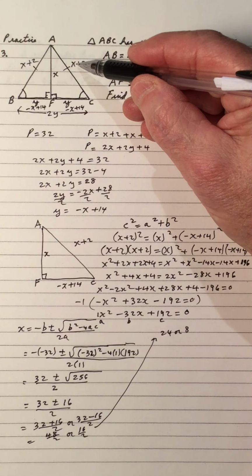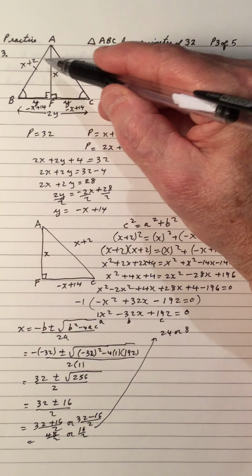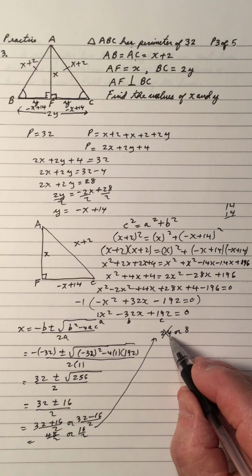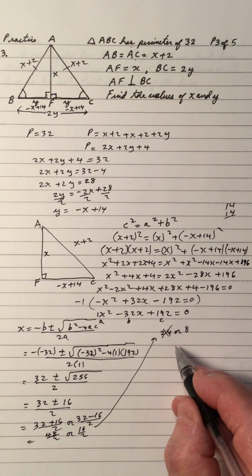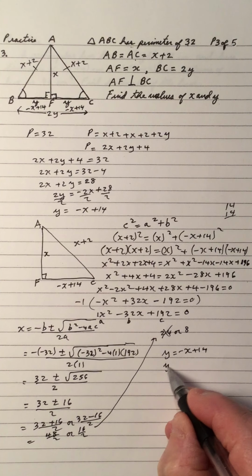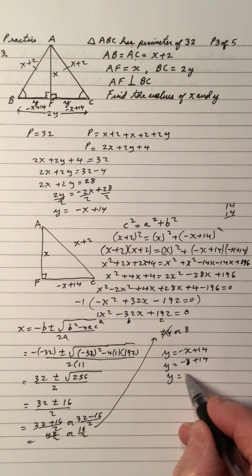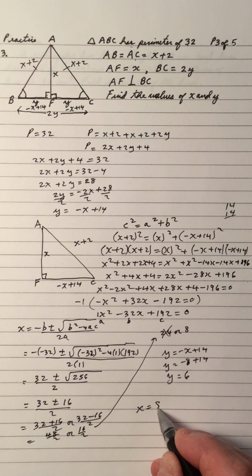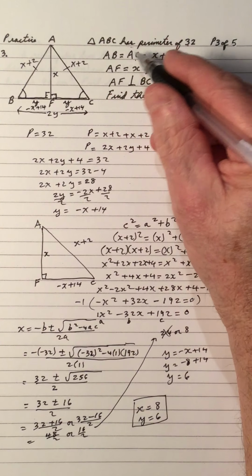But 24 in the triangle, notice you get 24, that's a 26. That's more than 32, so we can't use 24. We can only use the 8. 24 is too much for the perimeter. So x is 8, so y equals negative x plus 14. So y equals negative 8 plus 14. So y is equal to 6. So the values are x is 8 and y is 6, to make this true about the triangle.